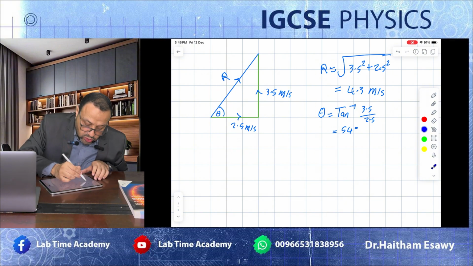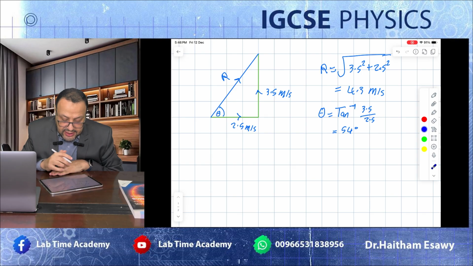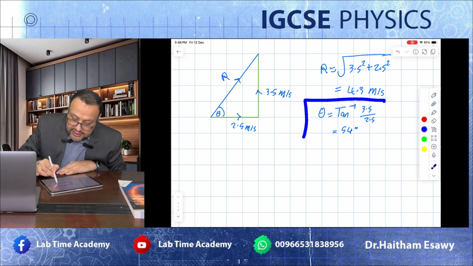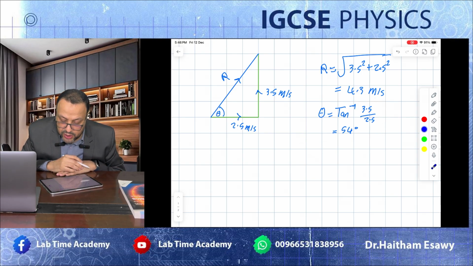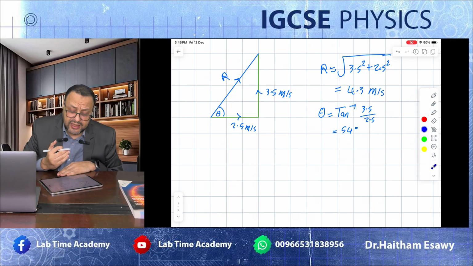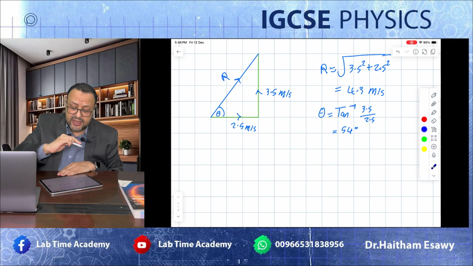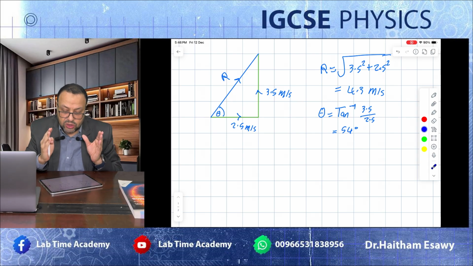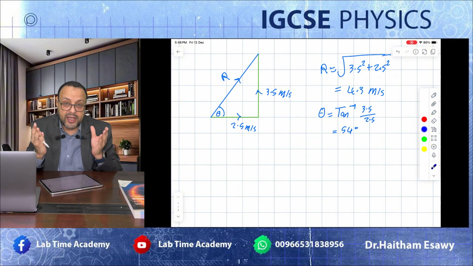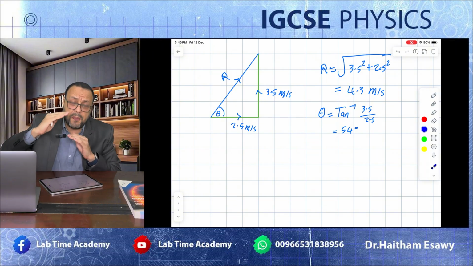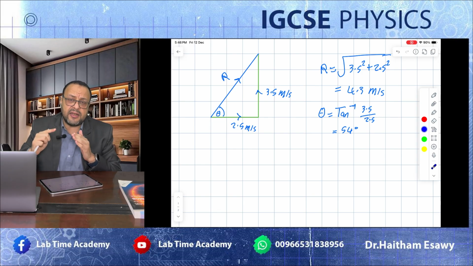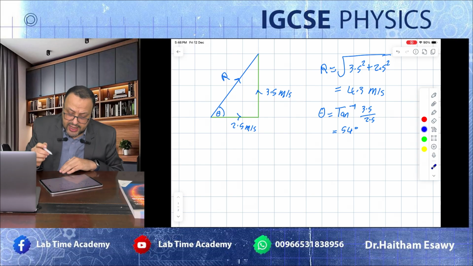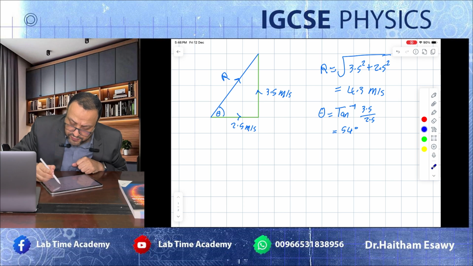After that, I'll start to get this theta. How can I get theta? Theta will be tan negative 1 of 3.5 over 2.5, opposite over adjacent, as I said, to get the tan. And then to get theta, inverse tan. You get the tan first, and then inverse tan, shift tan, and write this number, 3.5 over 2.5.